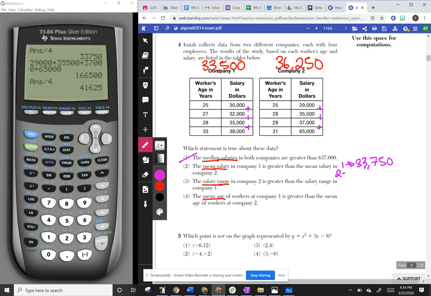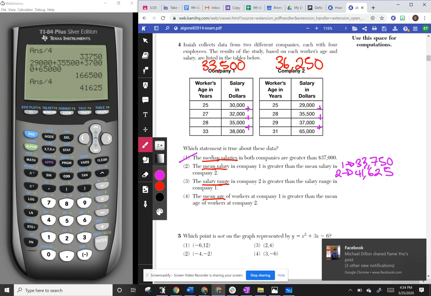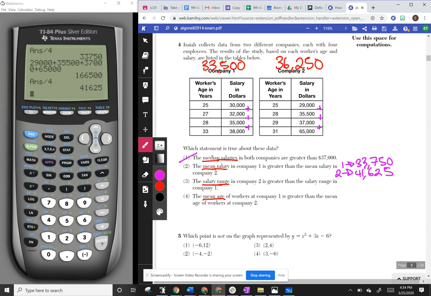And for 2, we get 41,625. So is the mean of salary 1 greater than the mean of salary 2? No, because 33,750 is not greater than 41,625. So it's also not 2.